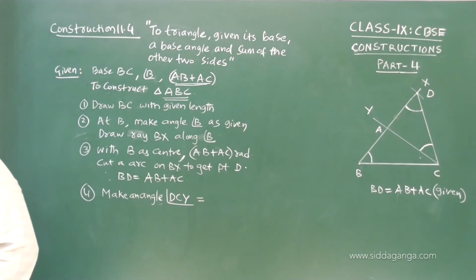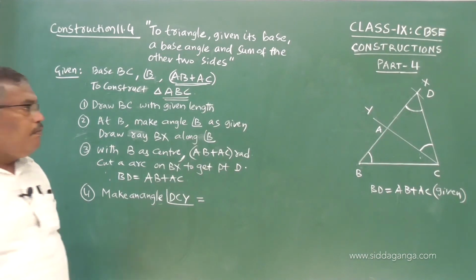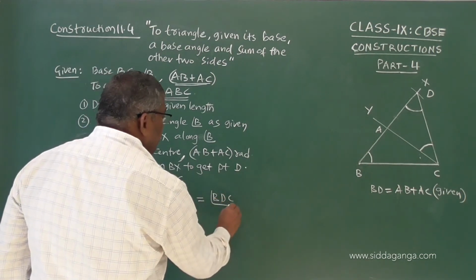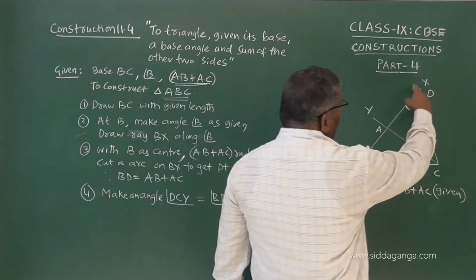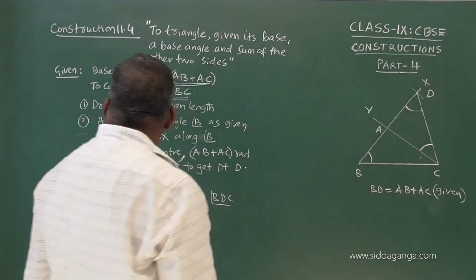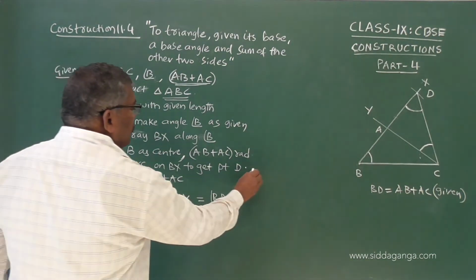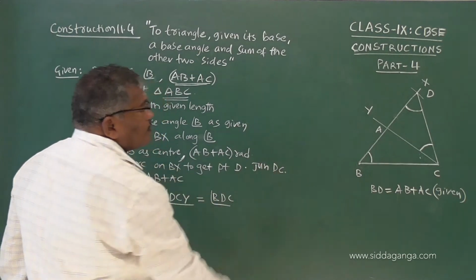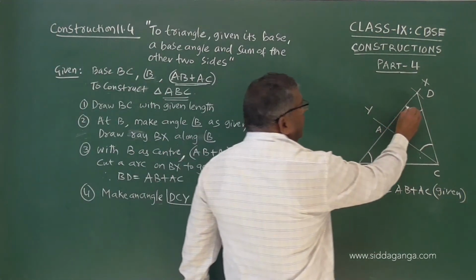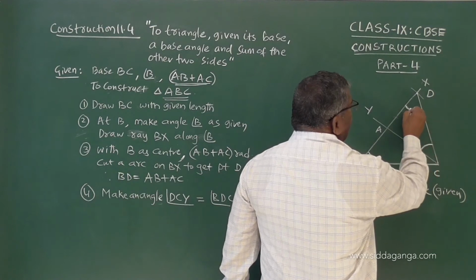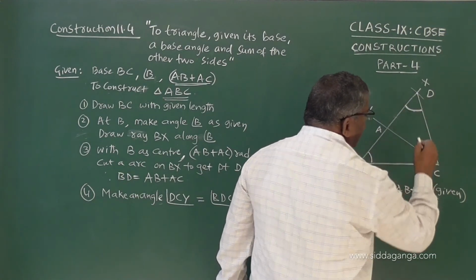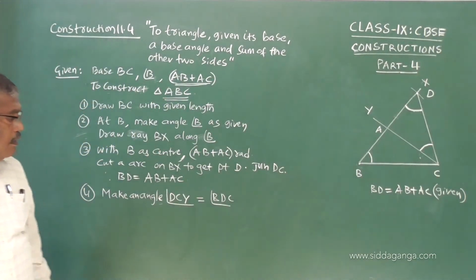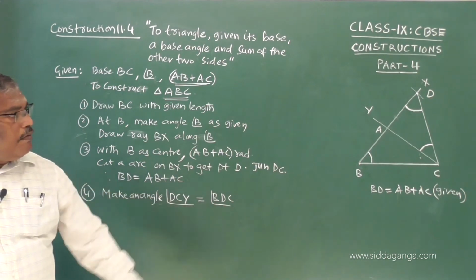So to draw that angle equal to BDC, you have joined DC. Here you write join DC. You have an angle here. This equivalent angle you have to draw, DCY. DCY is equal to BDC.